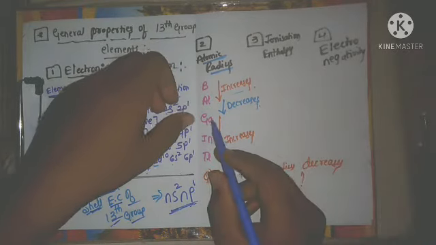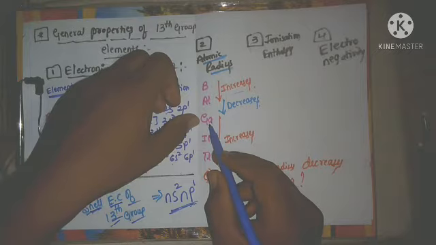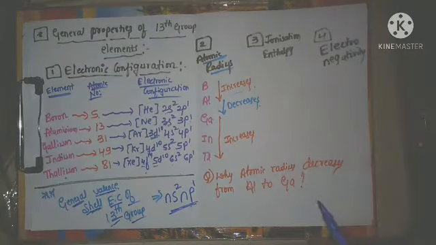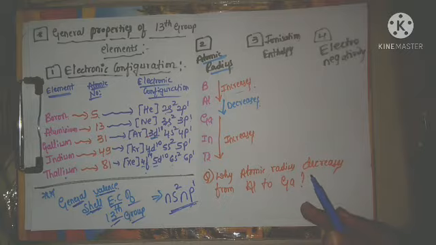Why is the gallium size slightly lesser than the size of aluminum? Whatever may be the question, another type of question is why gallium is smaller in size than aluminum. If such a question comes, then here is your answer.